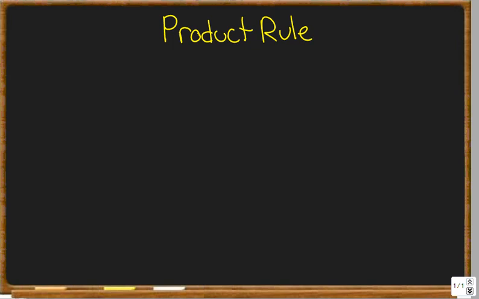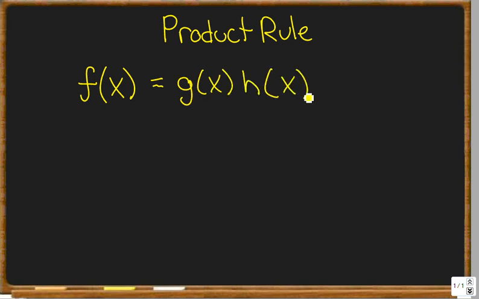of two other functions. So in the general way, you will see that a function f of x, if it equals g of x, so some function times another function h of x, then we would write our derivative here, f prime of x, is going to be the combination of each of these functions up here times the derivative of the other one.